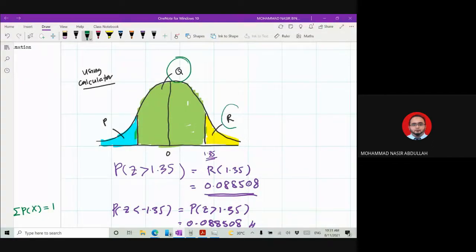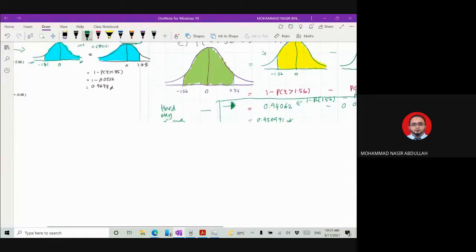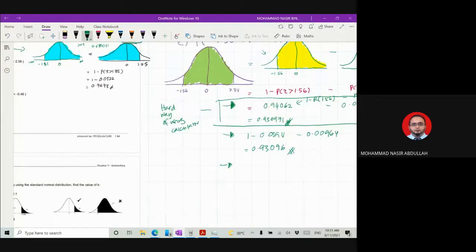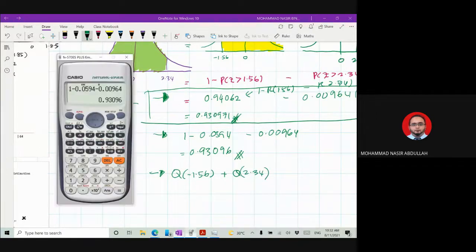Instead of using R, which is to find the area to the right hand side, we're going to use Q to find the area in the middle. So this one should be Q negative 1.56 plus Q 2.34. So this is going to be very easy.